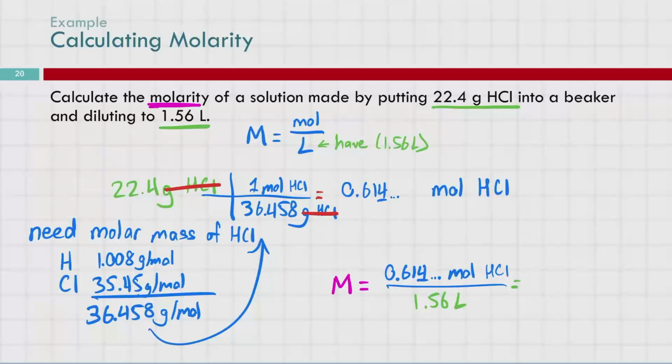And then we take that 0.614405617 and we divide it by 1.56. Round it to 3 sig figs, we get 0.394 capital M HCl.